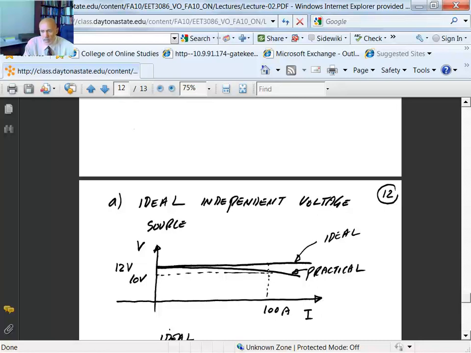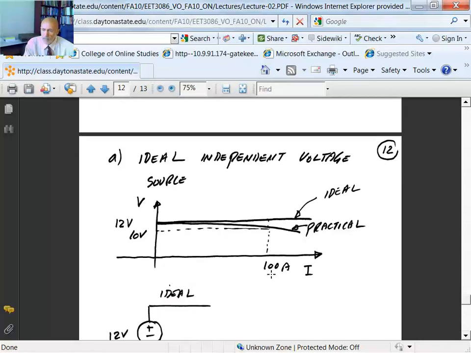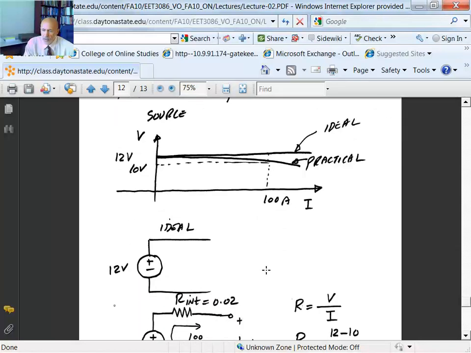But in a practical voltage source, the voltage is going to drop below 12 volts, depending on how much current you're drawing from it. If you've got a cheap four-cylinder car like mine, it takes about 100 to 130 amps to start the vehicle. So at that time, the voltage will probably drop to about 10 volts. So you need to come up with a model to account for that voltage drop. If it was an ideal voltage source, you would simply indicate plus or minus 12 volts, and that's ideal.